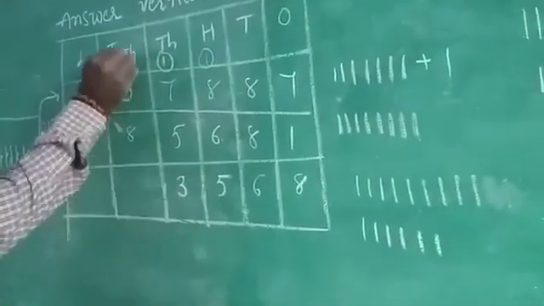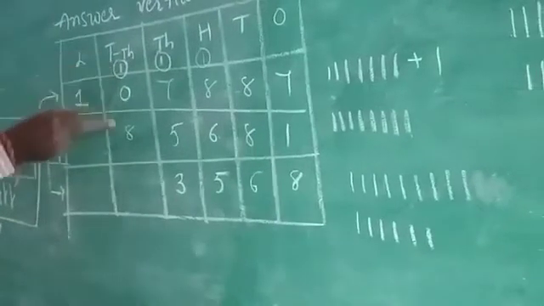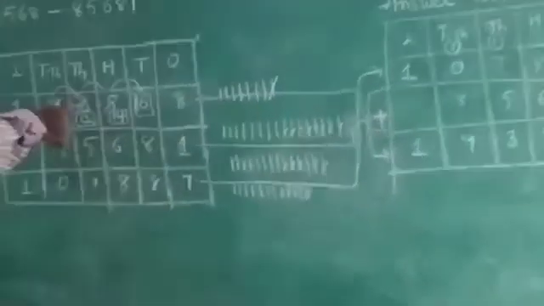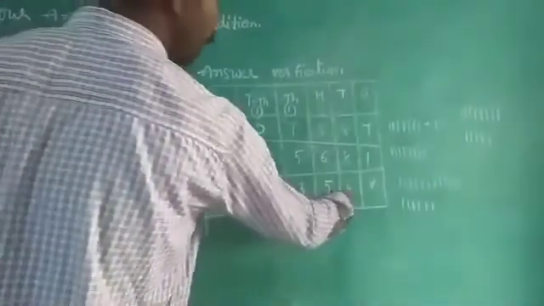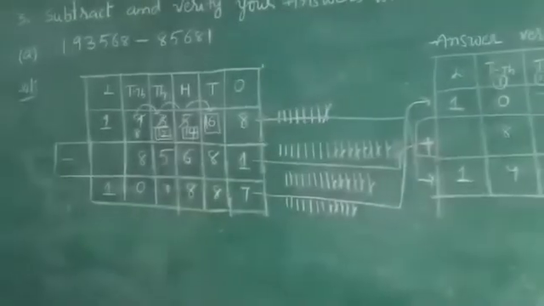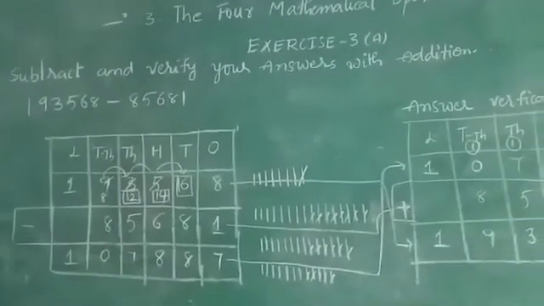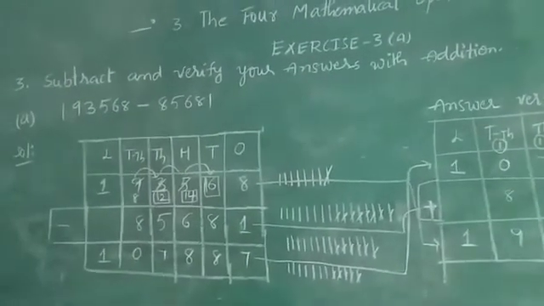Means 1 carry. We know simply 1 plus 8, 9, 1. See, check it out. Did we get this answer or not? 1,93,568. 1,93,568. This is called subtract and verify your answer with addition. Isn't it clear now?